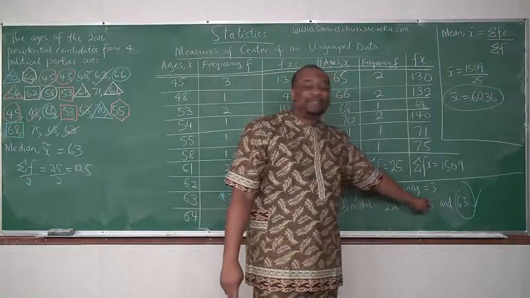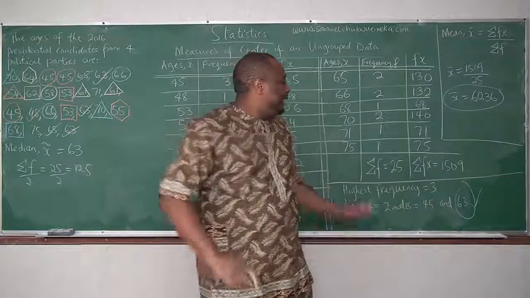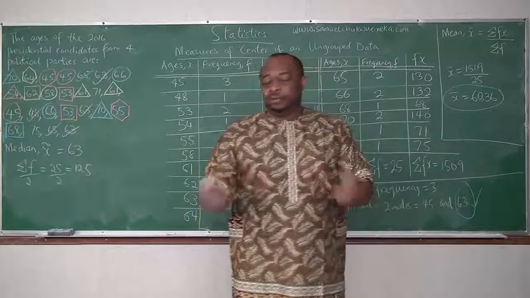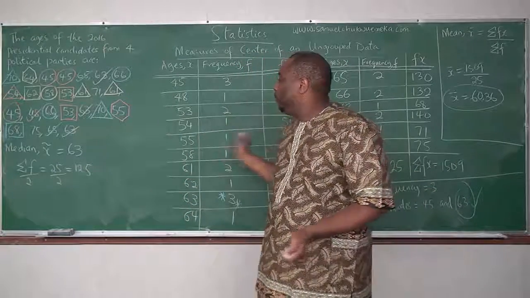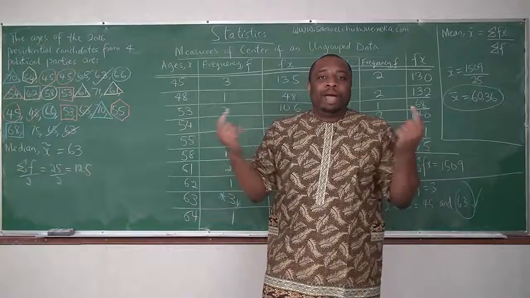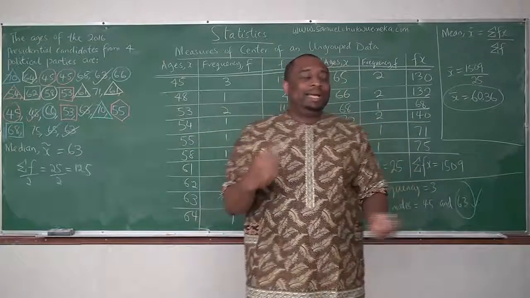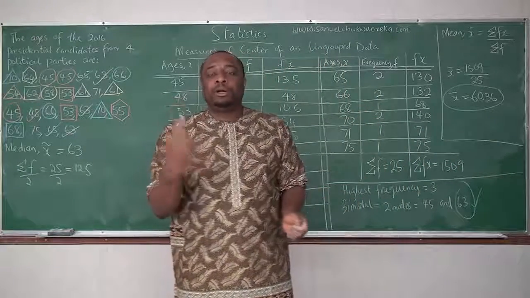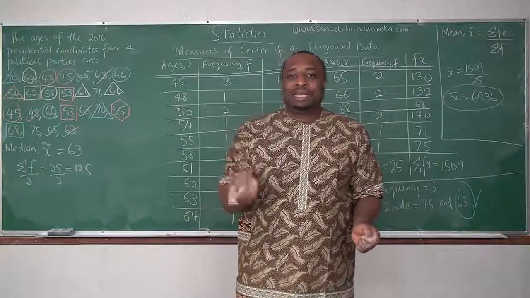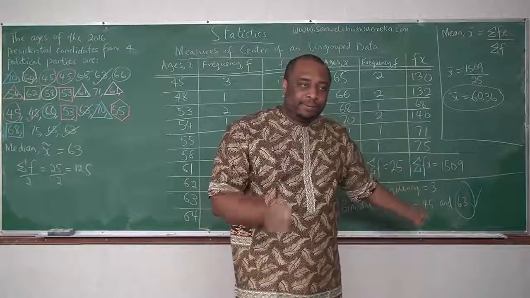It will give you the mode as 45. But 45 is right, 63 is right. We want to select 63 if we're asked to pick one mode, because it tends towards the center of the data.